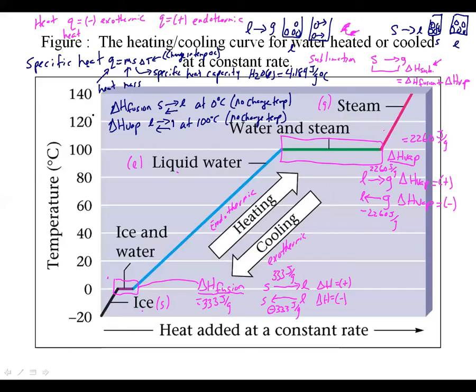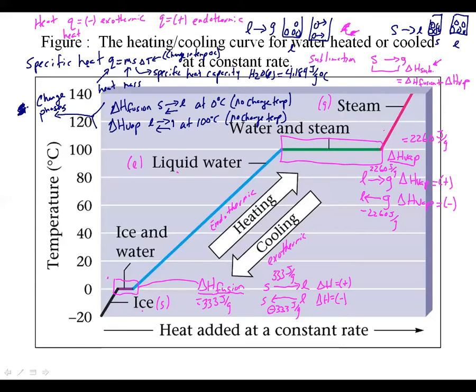So these don't change temperature, but they do change phases. So in a calculation, whenever you see yourself not changing the temperature of a substance, but changing its phase, like it goes from solid to liquid or from liquid to gas, that is where you should use delta H of fusion or vaporization.